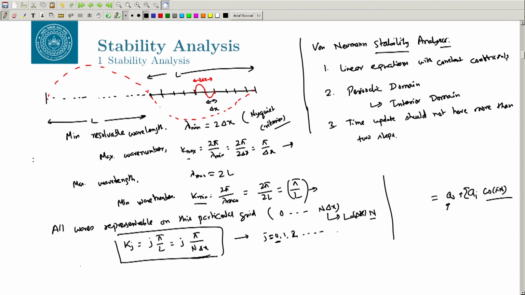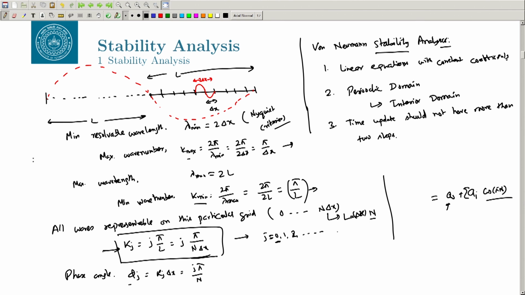Then you can define your phase angle, which is phi j, and what is the phase angle? The phase angle is nothing but k j into delta x, that will become j into pi by n, right. So, now we have defined the phase angle and the wave numbers that can be represented on the grid.